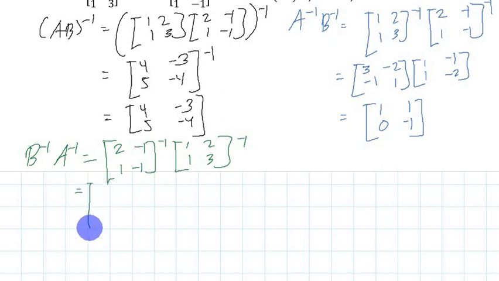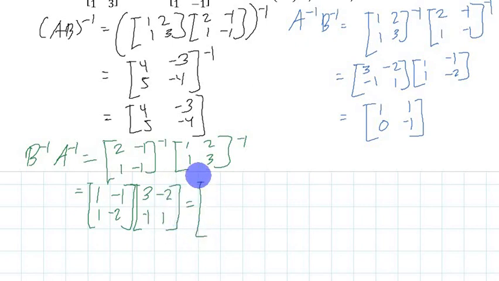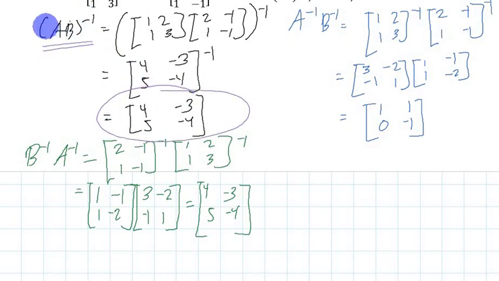This would mean that I'm going to have [1, -1; 1, -2] here. Then here I'm going to have [3, -2; -1, 1]. And this will actually lead to [4, -3; 5, -4]. So as you notice, the inverse of AB gave the same result as B inverse A inverse.